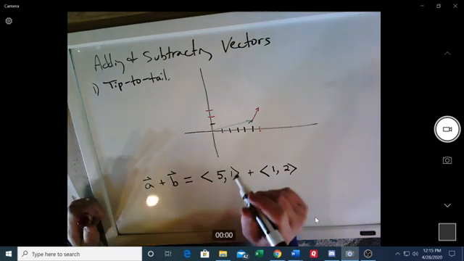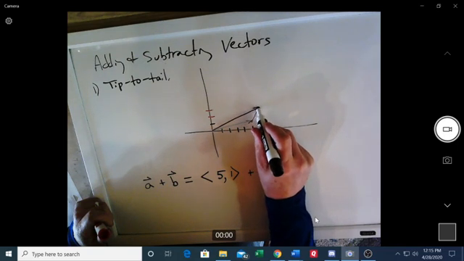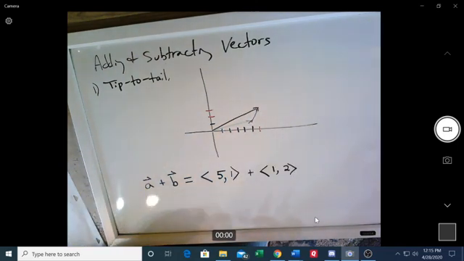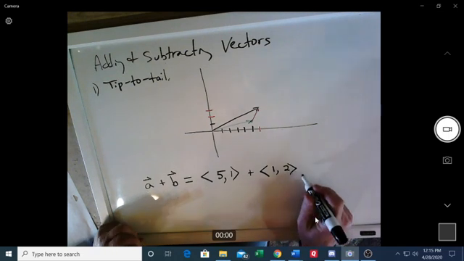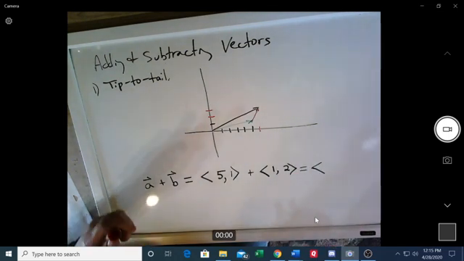Then this would be my resultant vector from here to here. And what's really cool about that is, let's look at it.